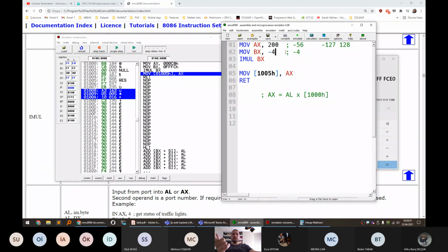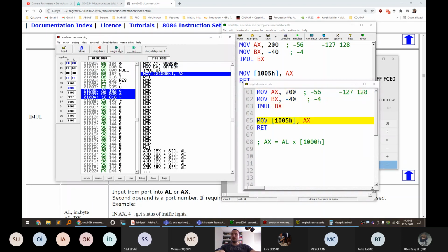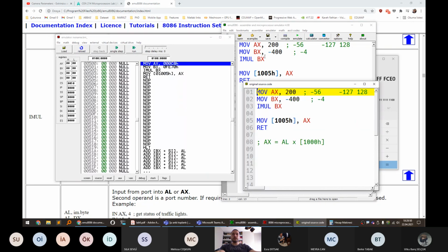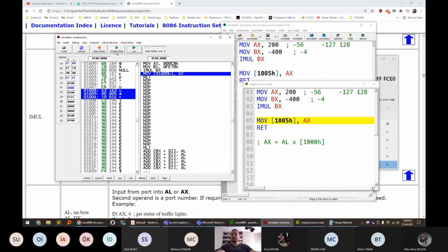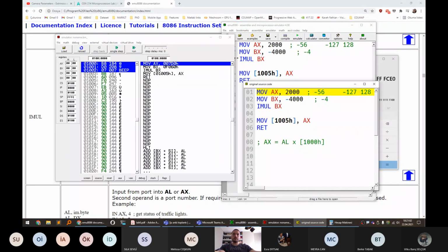Let's use a bigger number like 40. I want to overflow into DX in order to show you. No, this didn't overflow. Let's put a bigger one. Yes, this overflowed a little bit. Let's put bigger ones.